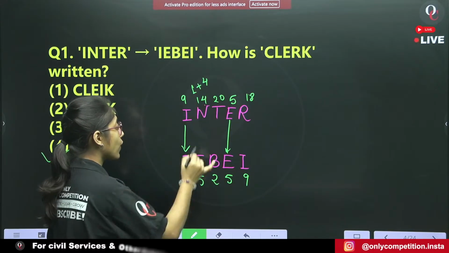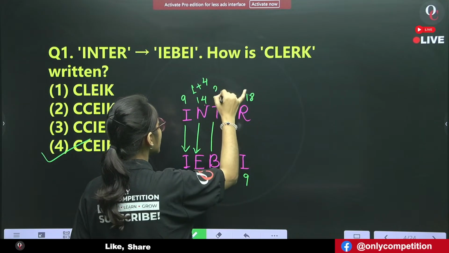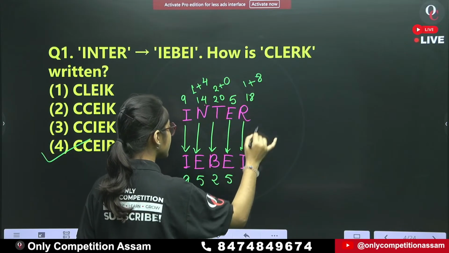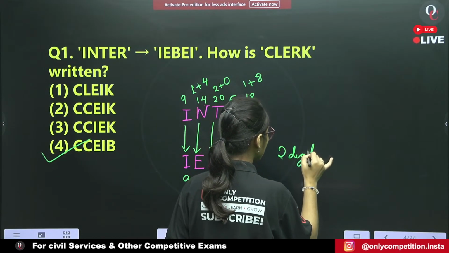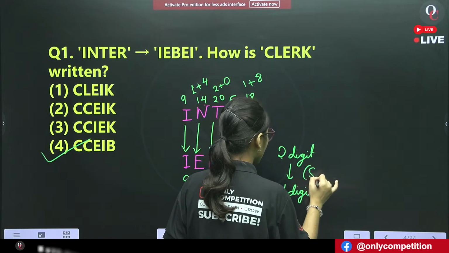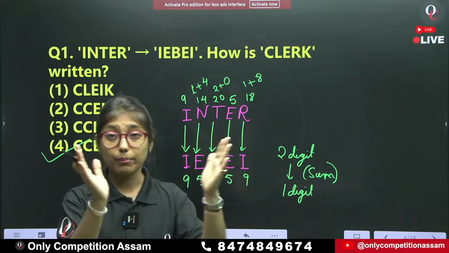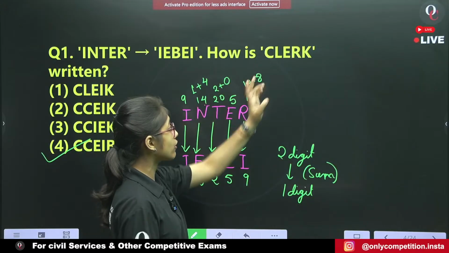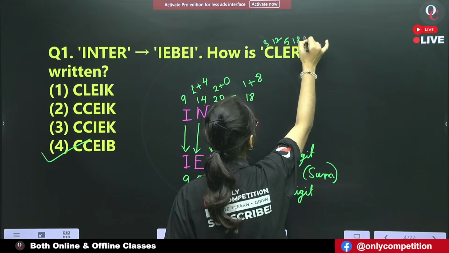That means you need to convert 1 plus 4 and then you will find 5. 2 plus 0 you will get 2. 1 plus 8 you will get 9. That means they are converting the 2-digit number to a 1-digit number by adding them. So if we use this pattern in the particular word CLERK, what will be the answer? 3, 12, 5, 18 and 11.